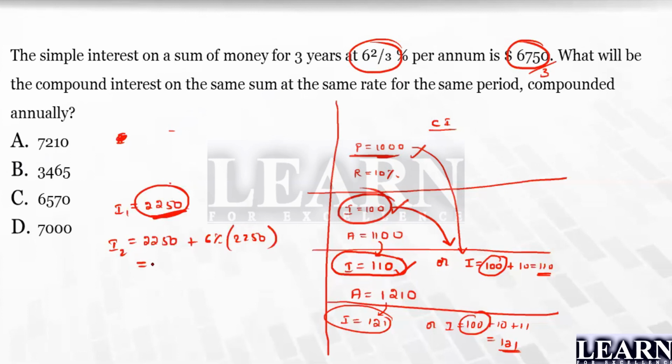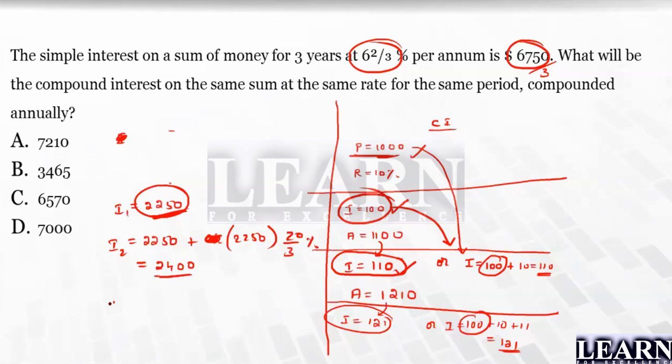What is 6% of this? Or you can find 20% divided by 3. 20 by 3%: what is 20%? 10% is 225, so 20% is 450. 450 divided by 3 is 150. Can I say 2,250 plus 150, which gives 2,400, is the interest at the end of the second year?